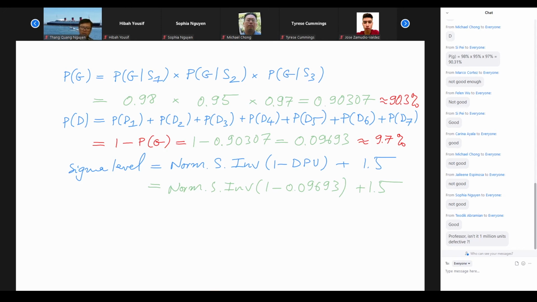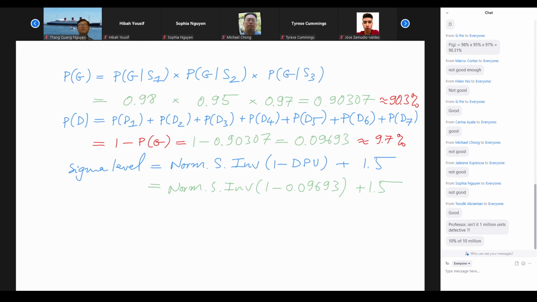9.7% multiplied with 1 million will be, yeah, you are correct, Theo. Yeah, 10% out of one. No, not 10 million, 1 million. In the manufacturing context, they normally talk about 1 million as a benchmark. So out of 1 million units, how many units are defective?